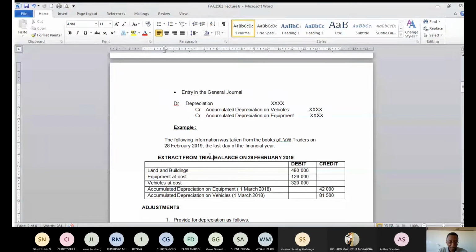In your trial balance, I've got now my non-current assets consisting of buildings, equipment, and vehicles. 481, 26, and 320 respectively. Accumulated depreciation written off already, 42,000 and 81,500.